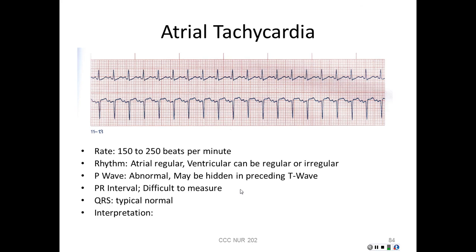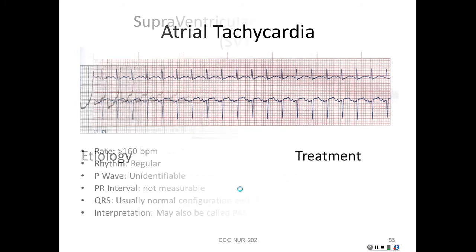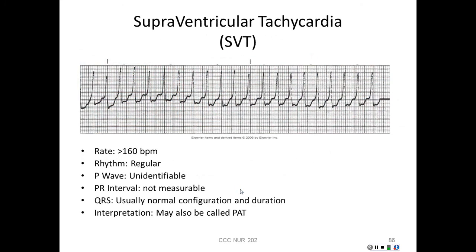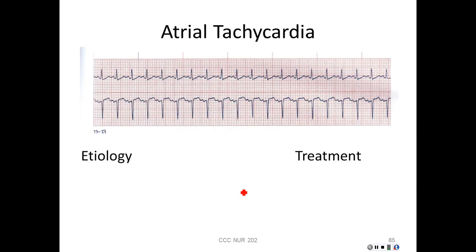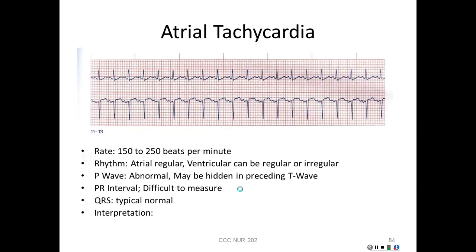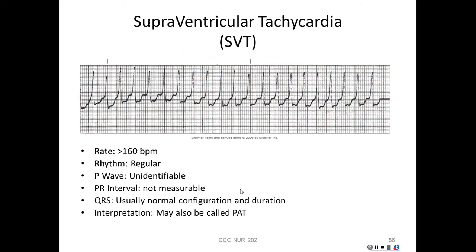We're going to move into kind of a new category. Basically, we're looking at atrial tachycardia. We're looking at multifocal atrial tachycardia and supraventricular tachycardia. You can see by looking at all these strips, these are very fast rhythms. Typically we're looking at a rate greater than 160 beats per minute.